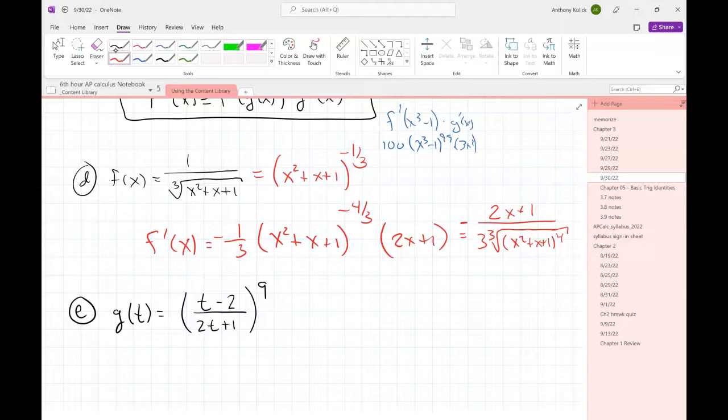Everybody see that? So we have a quotient rule stuck inside of a chain rule, right? So this might be a situation where it's convenient to think about this as several pieces. So maybe I'll think of f of x as my outer, g of x as my inner, and maybe we'll call this.